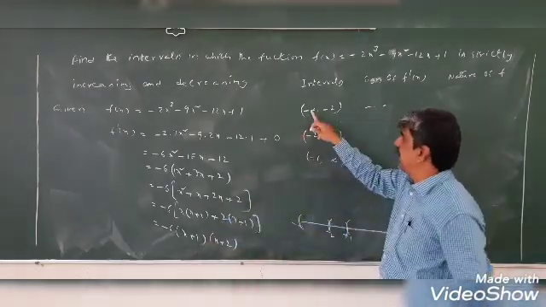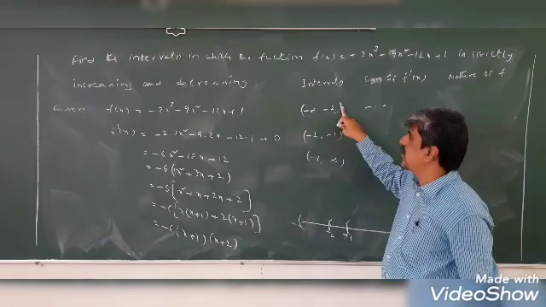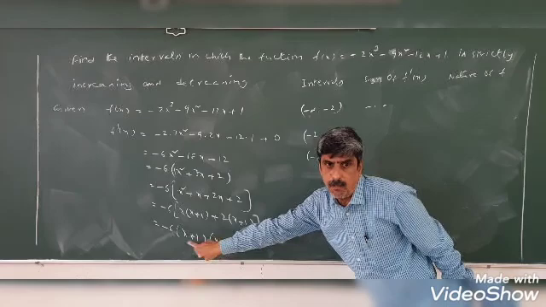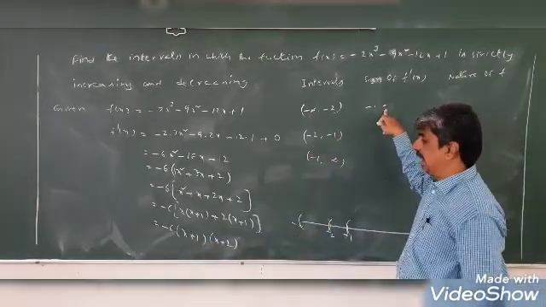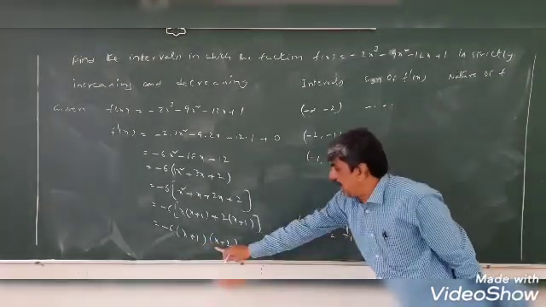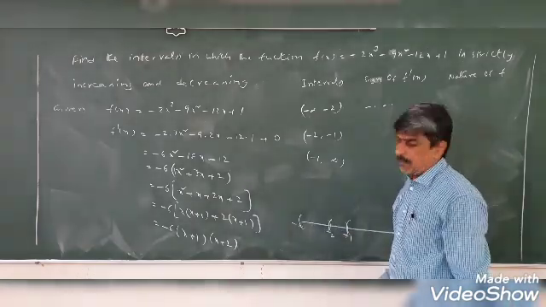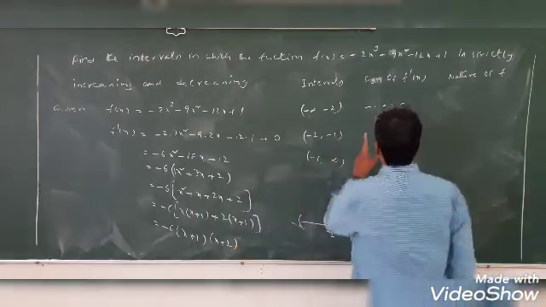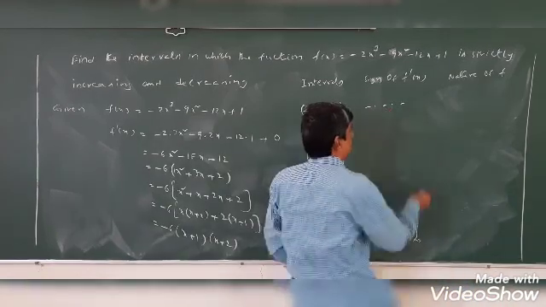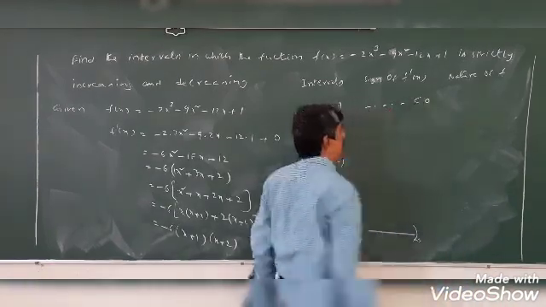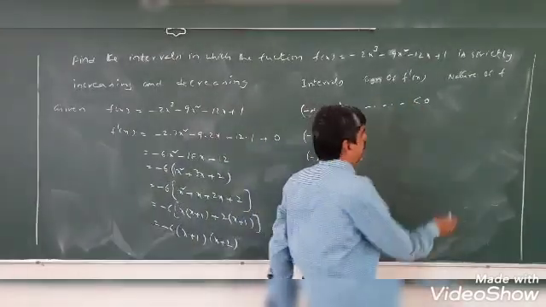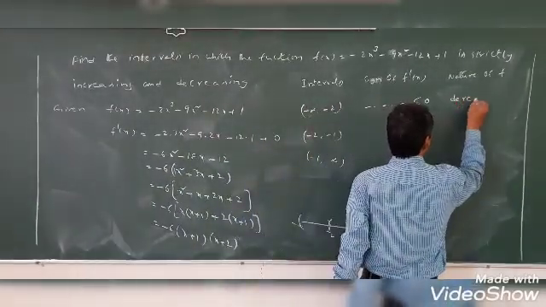For understanding, minus 3 is there. Minus 3 plus 1 is minus 2, that is negative. Next, minus 3 plus 2 is also minus. So minus into minus into minus is minus, which means less than 0. So if f dash x is less than 0, we write it as decreasing.